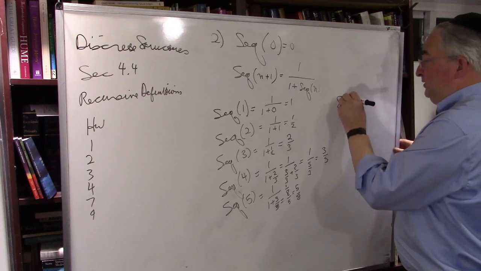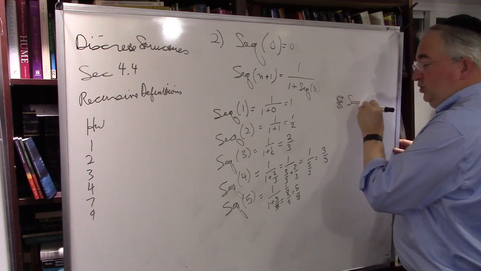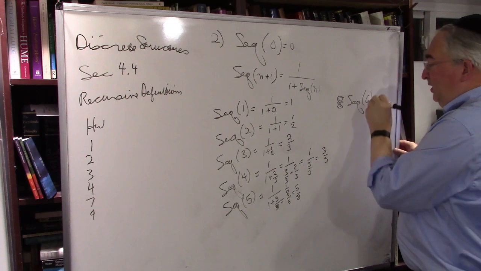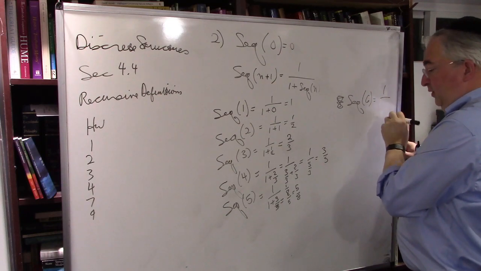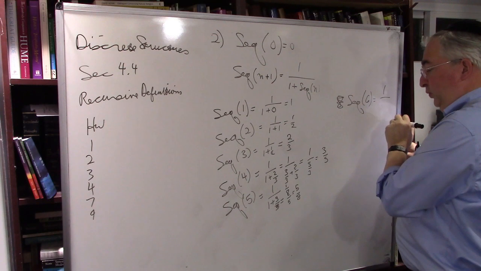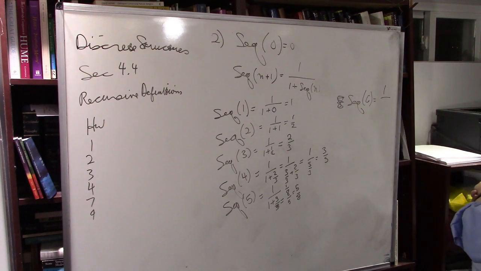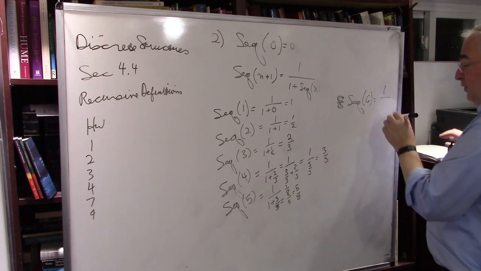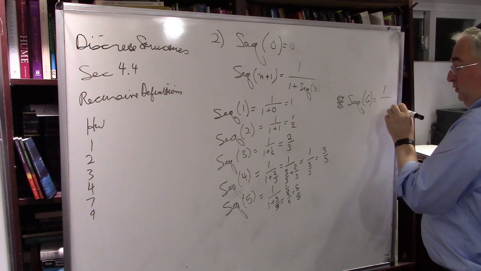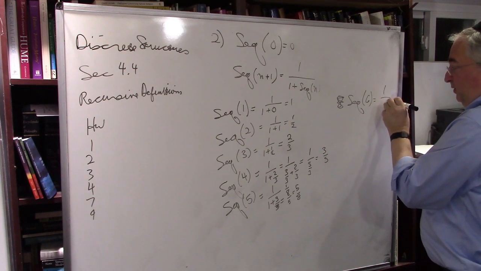Okay, SEQ of 6 is equal to 1 over 1 plus 5 over 8.